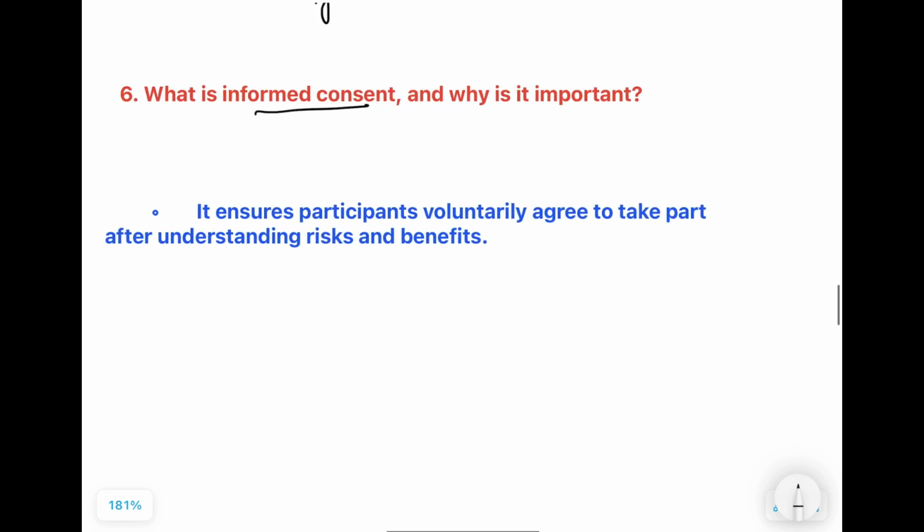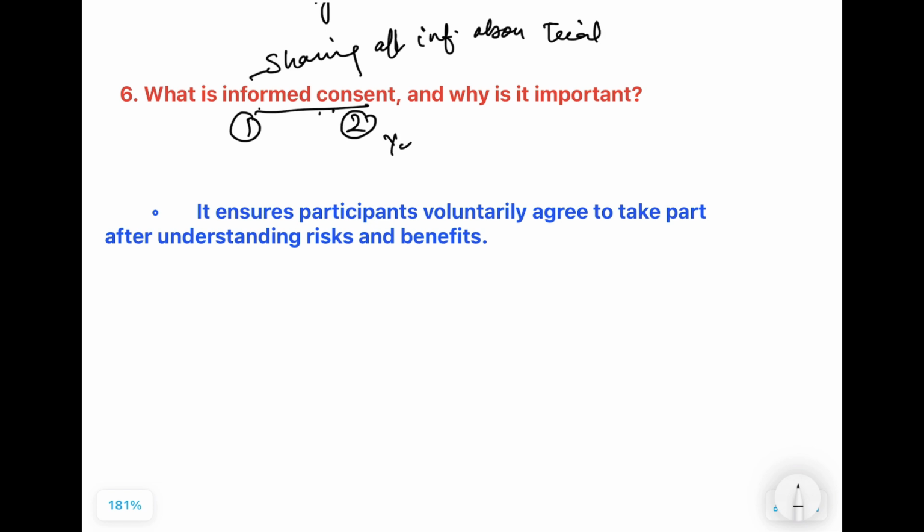What is informed consent? Another important document, and which can lead to a number of questions. So informed consent has two parts, informed and consent. Informed means sharing all the information about the trial.